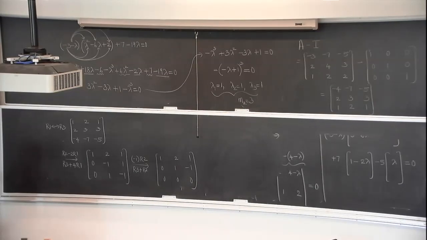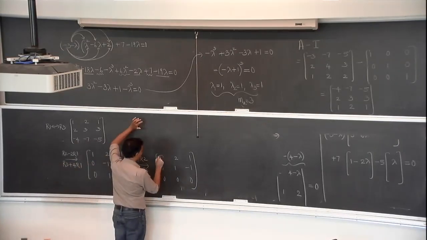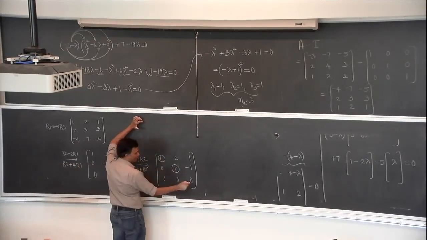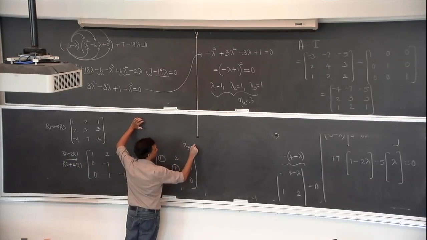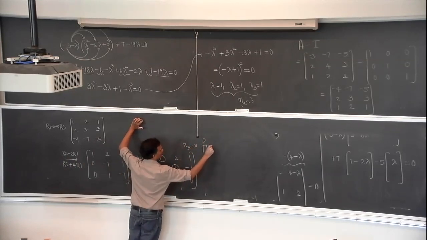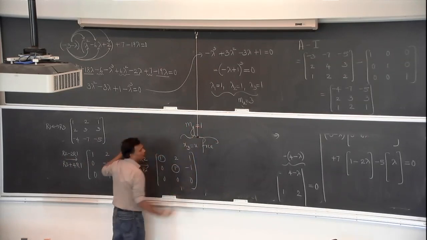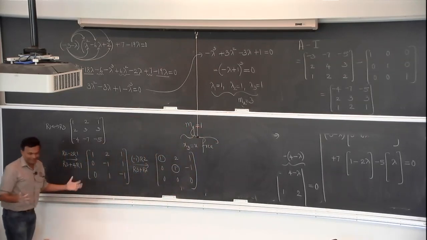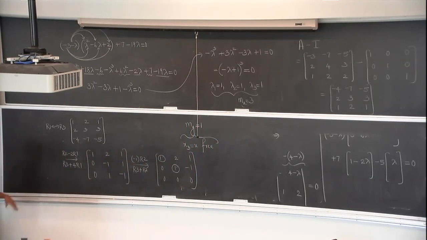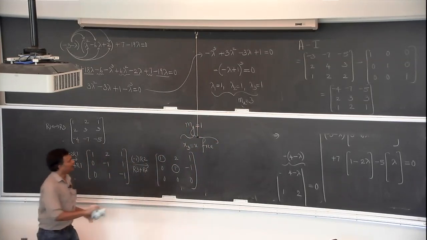How many free variables do we have? Only one. That's the unpredictable part of these calculations. Two basic variables, x3 is free. So the geometric multiplicity is 1. You cannot generalize this into a theorem or anything. You have to just take it the way it comes.